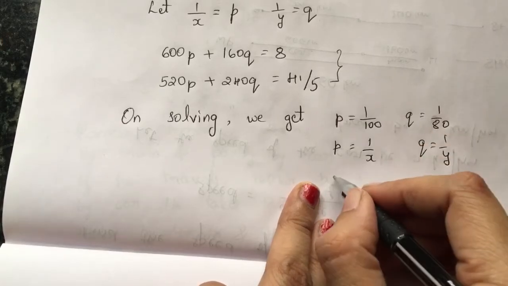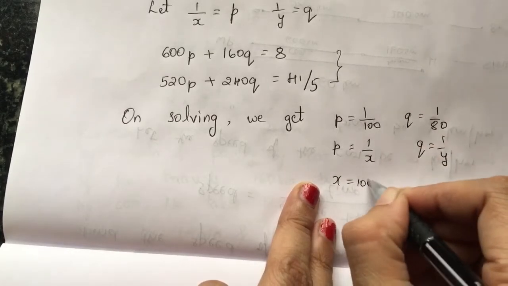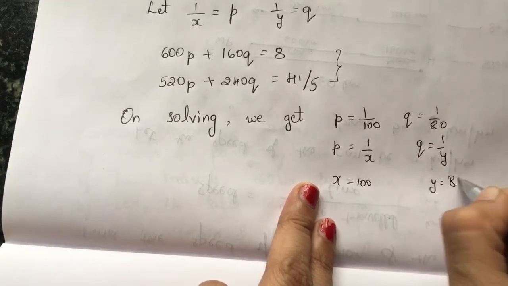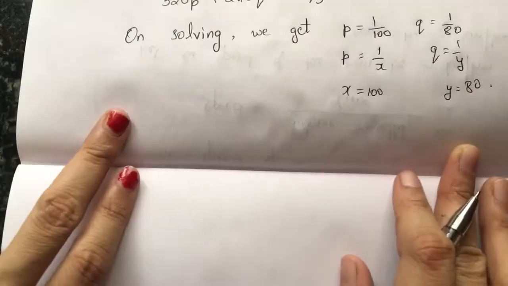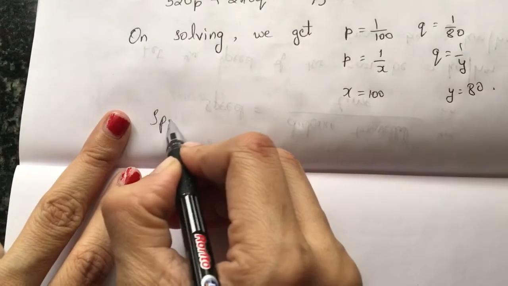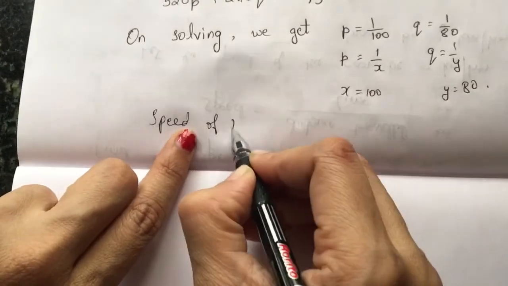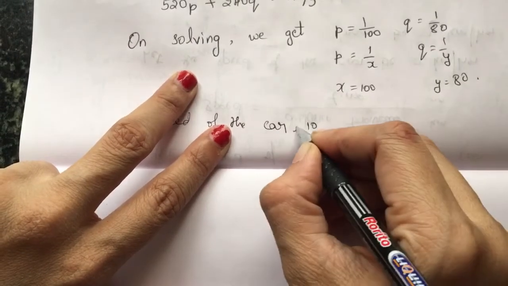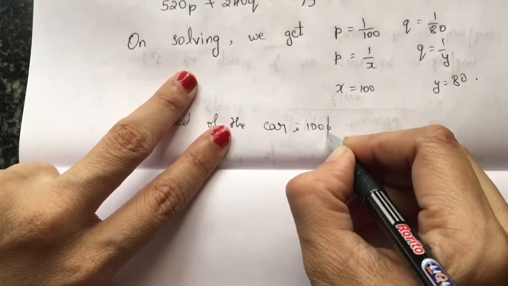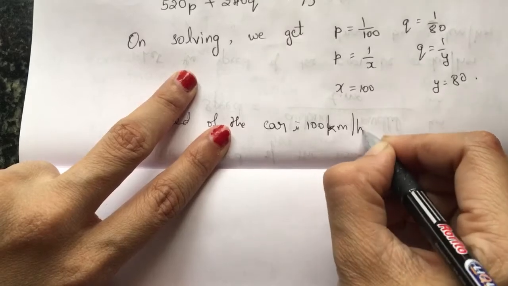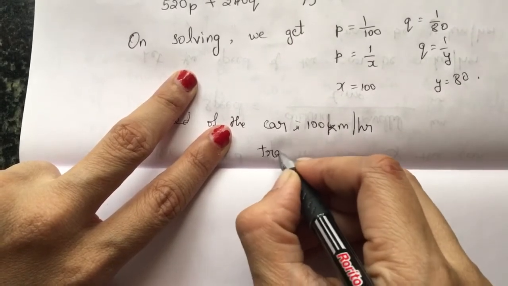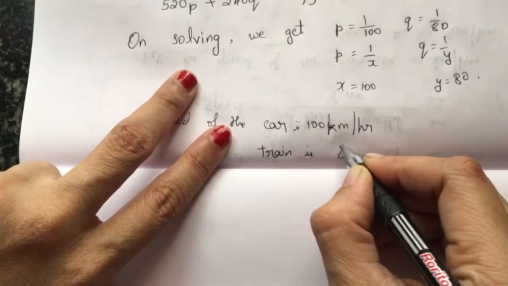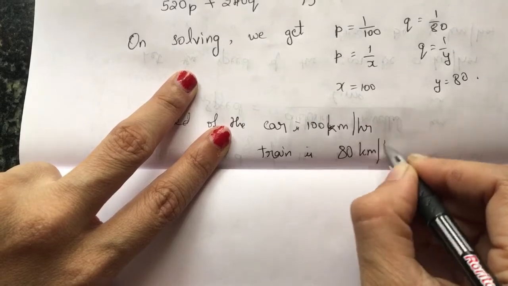So x equal to 100 and y equal to 80. So you write the speed of the car as 100 kilometer per hour and that of the train is 80 kilometer per hour.